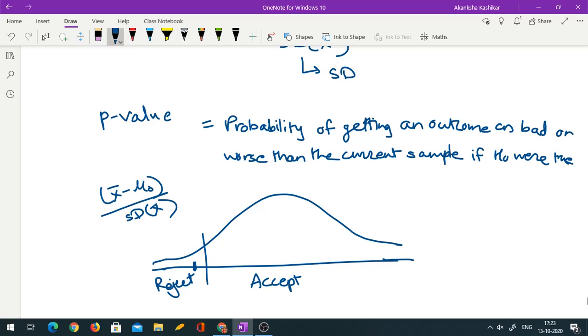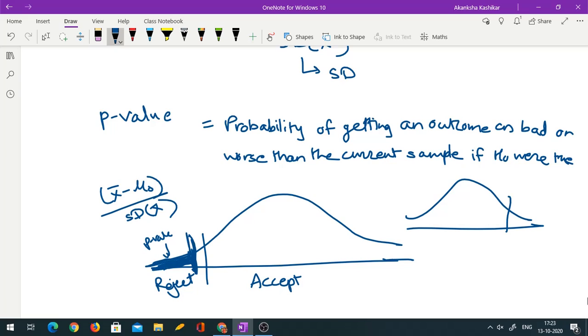Now, if H0 were true, what is the probability that I would get something as bad as this or worse than this? When I say worse, I mean against H0, so I mean in the rejection region. So this is the current value, and worse than that would mean this region. So the entire probability of this region, the probability of the test statistic value lying below this value, would become my p-value, if this is my rejection region.